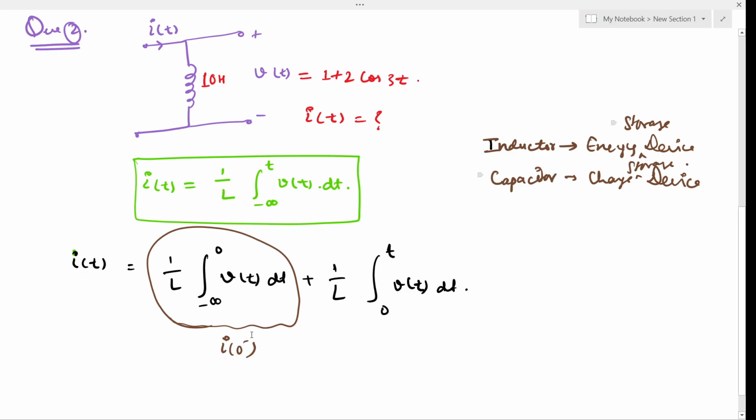But here i of 0 is not mentioned, that's why i of 0 minus has to be taken as 0 ampere. So it will be equivalent to i of 0 plus, equivalent to i of 0. If it is not mentioned, it means 0 ampere. If it is mentioned, in that case whatever the value is, you have to keep it here.